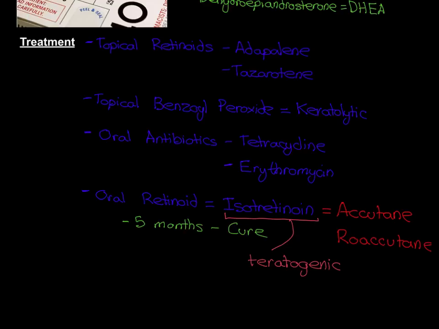The main side effects that it causes are very dry skin, very dry eyes, very dry lips. It's extremely teratogenic and must not be taken in pregnancy, but there are these very controversial, severe, rare side effects, including depression, inflammatory bowel disease, and idiopathic intracranial hypertension, which are very dangerous. But it is a fantastic drug, and it is the closest thing that we have to a cure for acne.